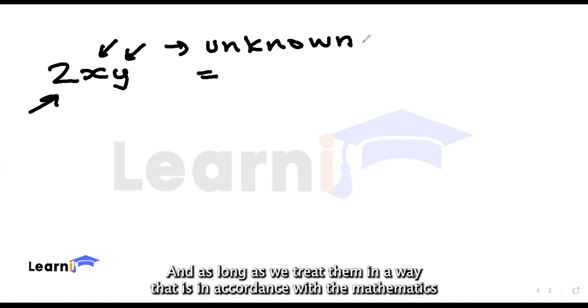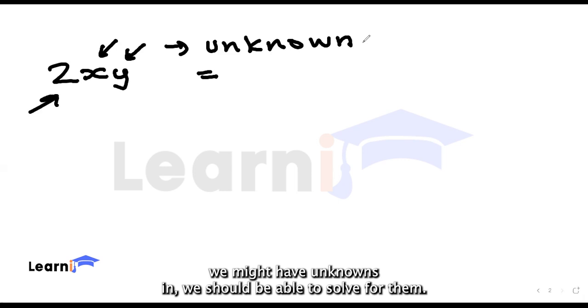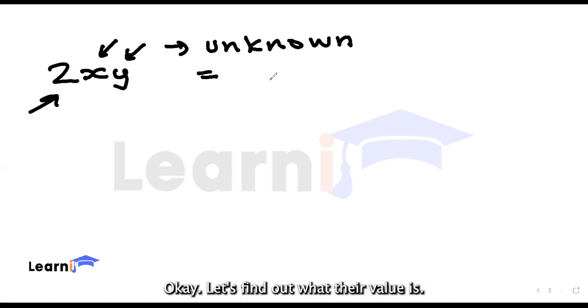As long as we treat them in accordance with the rules of algebra, or whatever section we might have unknowns in, we should be able to solve for them and find out what their value is. That is the purpose of using maths.